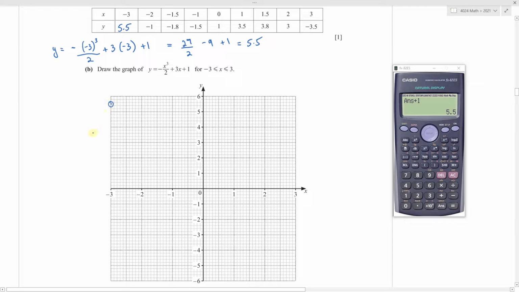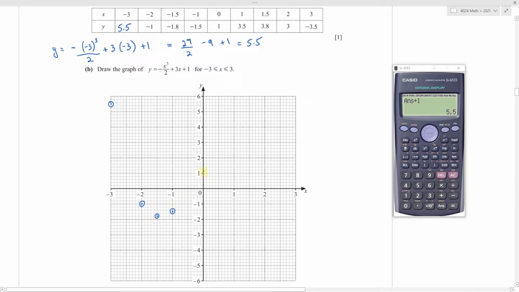Minus 2 and minus 1 will be here. Then you have minus 1.5 and minus 1.8, which is here. Minus 1 and minus 1.5 is here.